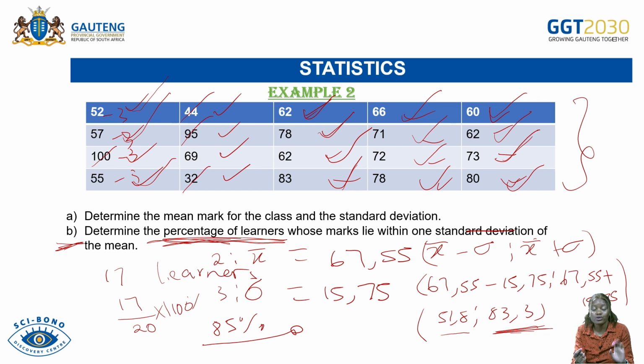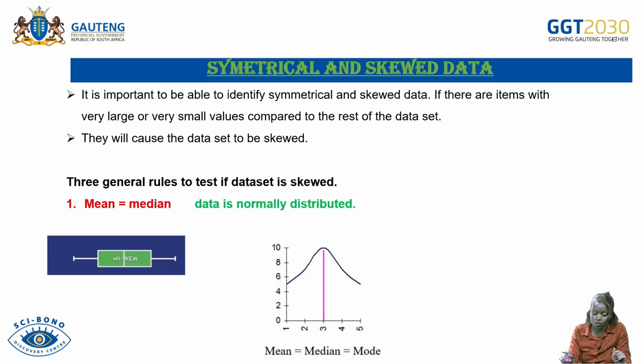So you keep on adding the same value or subtracting the same value, the standard deviation doesn't change. Put that in mind always, because they'll ask you in the exam. And if you keep on subtracting the same value or adding the same value, that is going to change the mean. The mean changes, standard deviation doesn't change, it remains the same. Are we together? Okay, so let's move to symmetrical and skewed data.